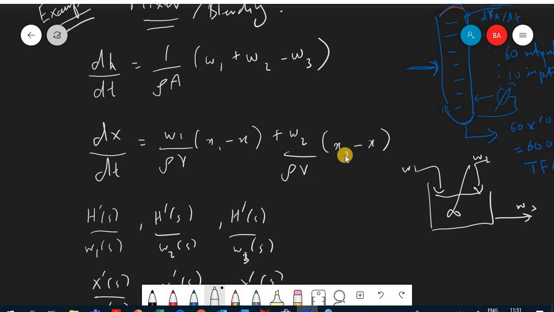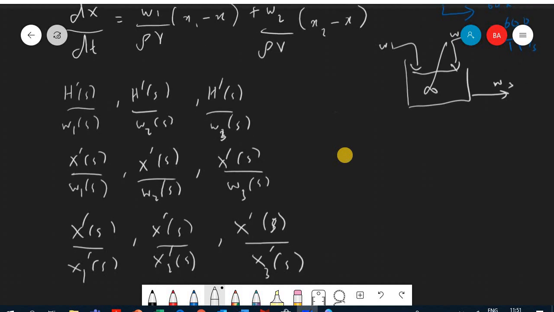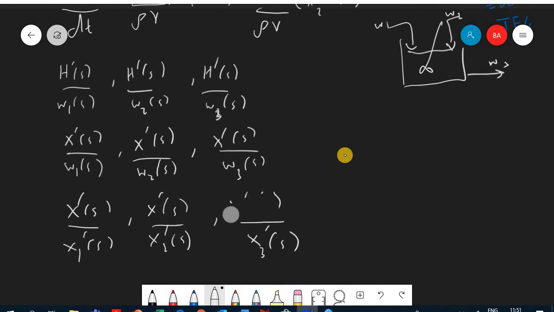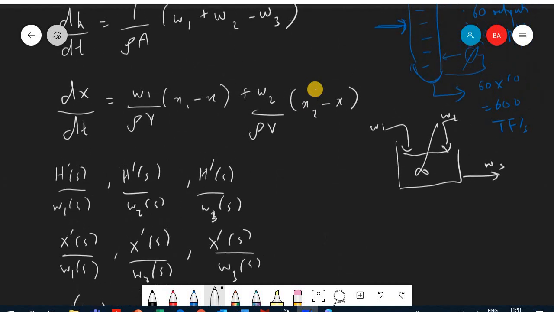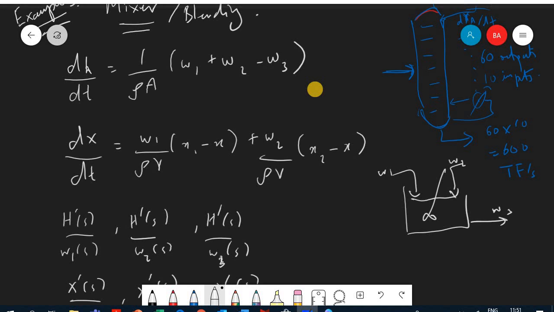All that I have here are W1, W2, W3, X1 and X2. So I have 5 inputs. How many state variables? I have 2. So I should have 10 transfer functions.